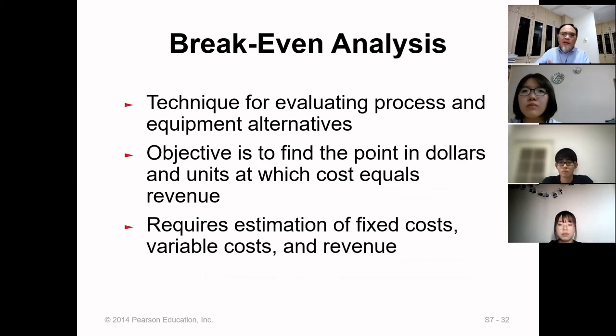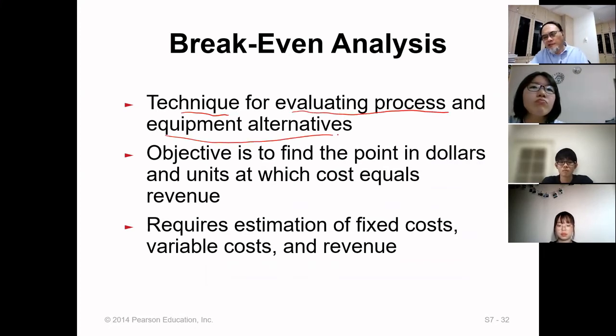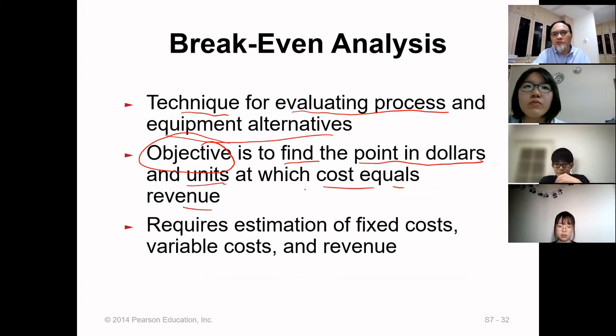You want to produce product A or product B, or process A or process B. So you have alternatives. It is a technique for evaluating process and equipment alternatives. The objective is to find the point in dollars and units where cost equals revenue.